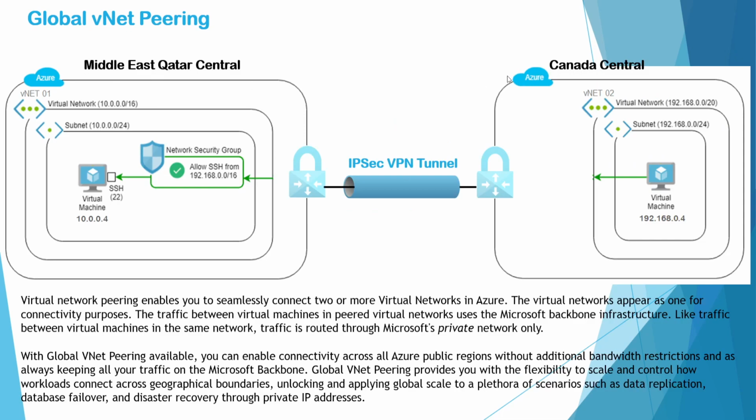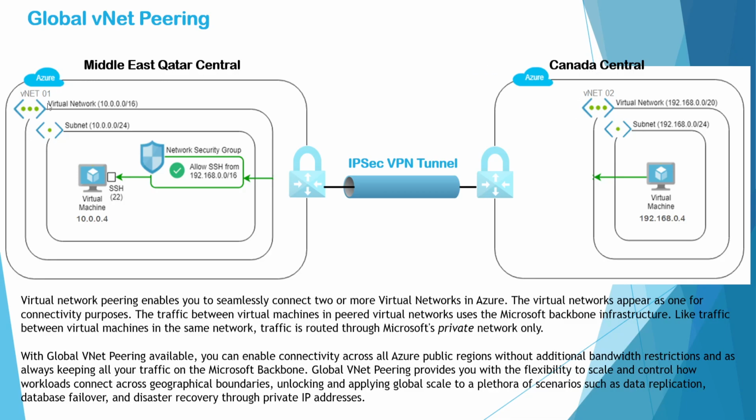In our global vNet peering, we will create our virtual network in Canada Central, and then the subnet and virtual machine also belong to the same region.